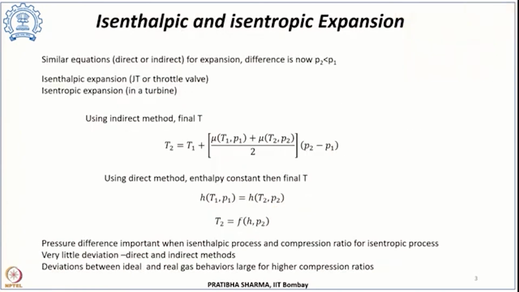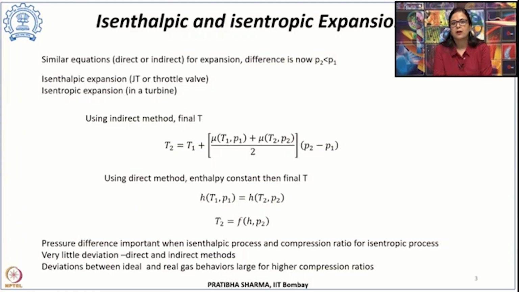Other than compression, we can also consider expansion, and expansion will become important when we consider the liquefaction of hydrogen, or the liquid state storage of hydrogen. The equations which we have used earlier, whether the direct method or the indirect method, can still be applied for expansion as well.